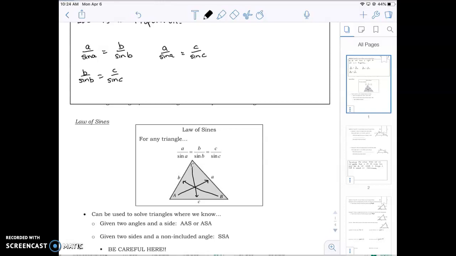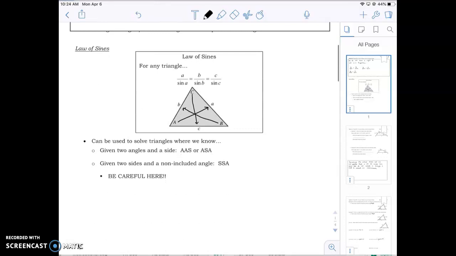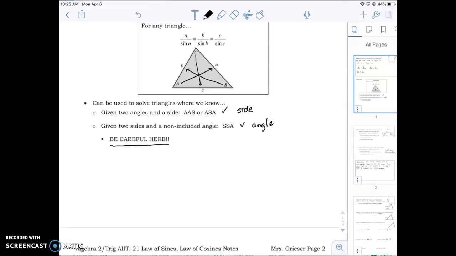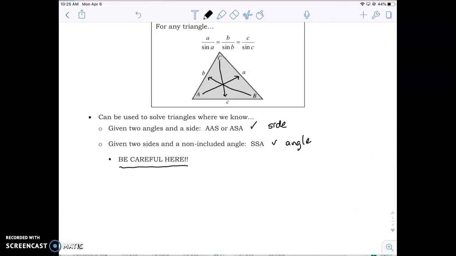We don't use all three. Given two angles and a side, we can find a missing side. Given two sides and an angle, we can find an angle. So you have to be careful to make sure you know what you have so you know what to do.